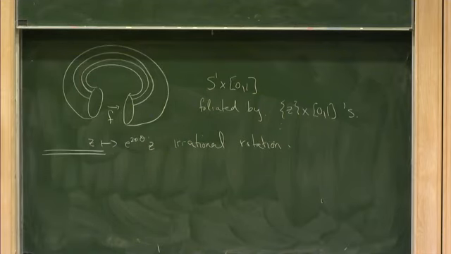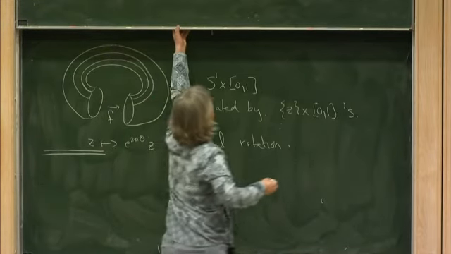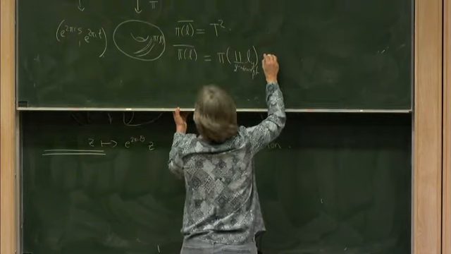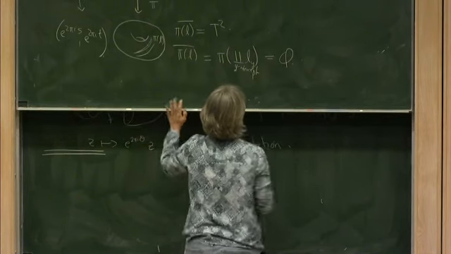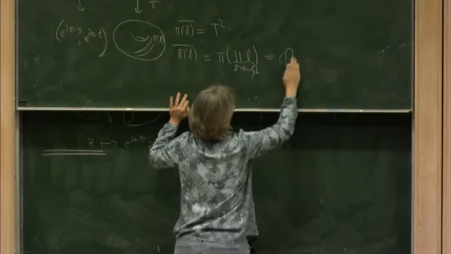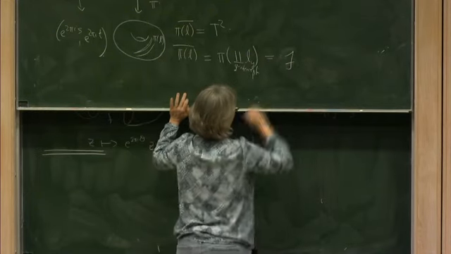And what I want to do next is Denjoy blow up this foliation. So I guess I didn't give it a name. Let's call it F, even though I'm one-dimensional.